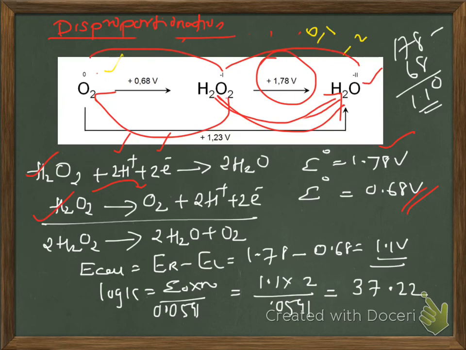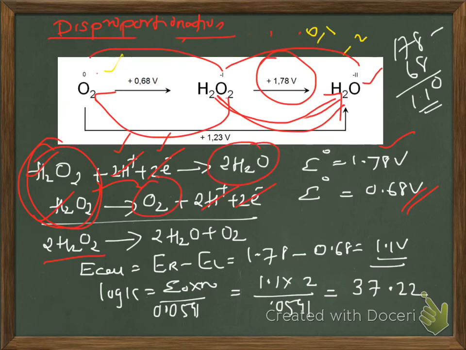So in electrochemistry, it can be considered as a cell reaction. So in the total reaction these species are cancelled: H2O2 plus H2O2 gives 2H2O plus O2.